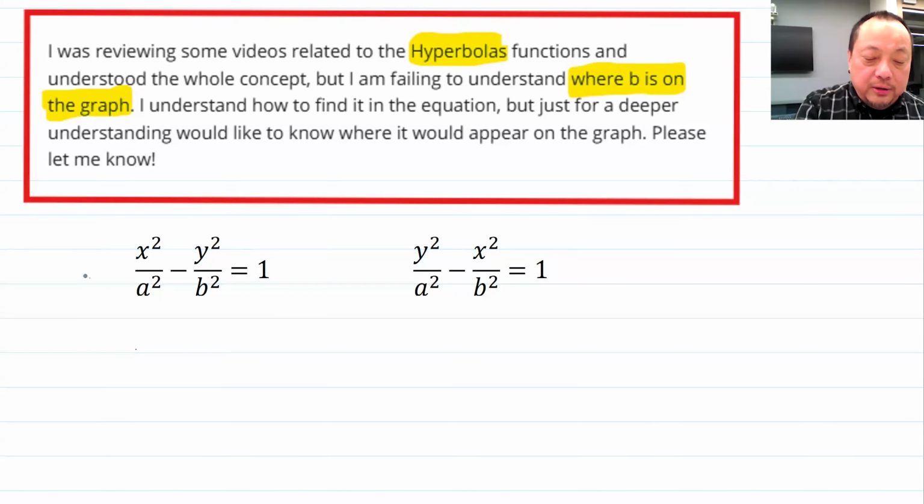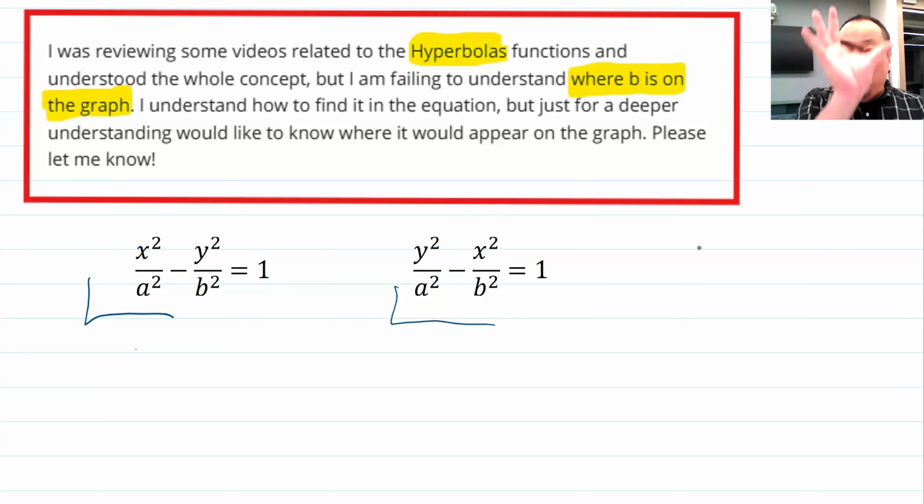The first equation is the equation of a hyperbola that opens left and right, that opens along the x-axis. And the second form is a hyperbola that opens up and down. So the two branches cross the y-axis.